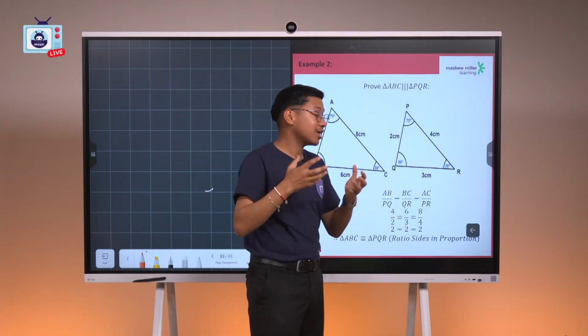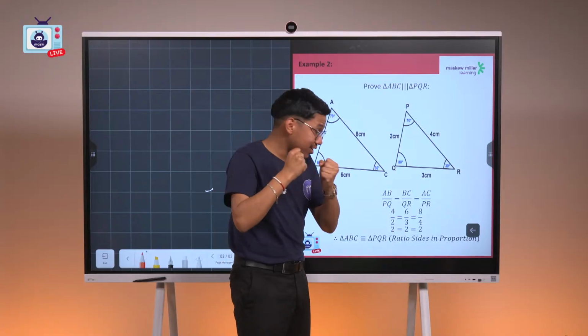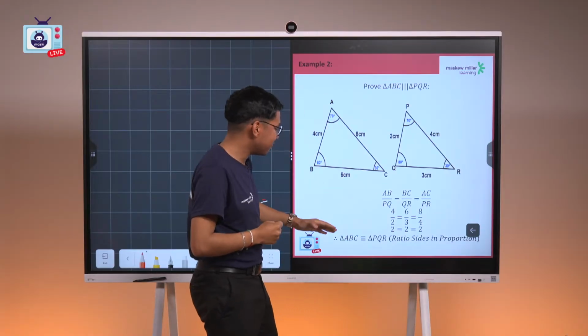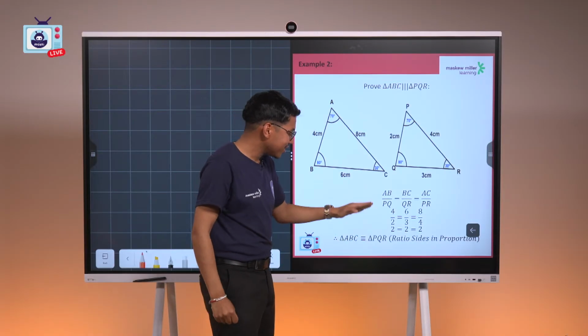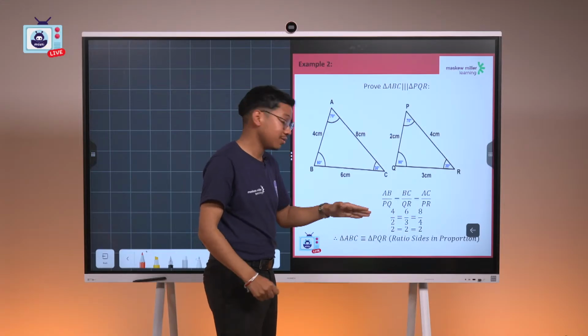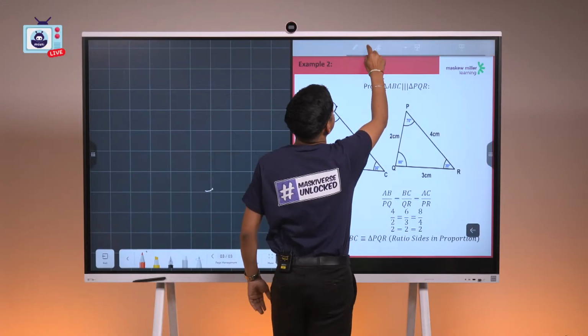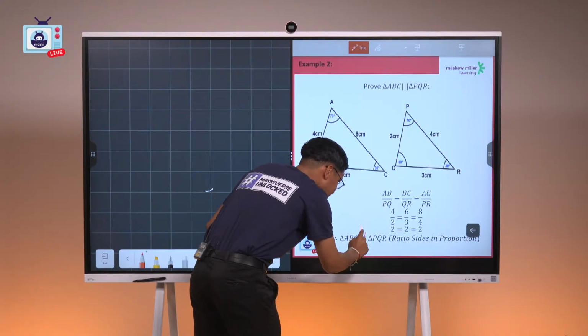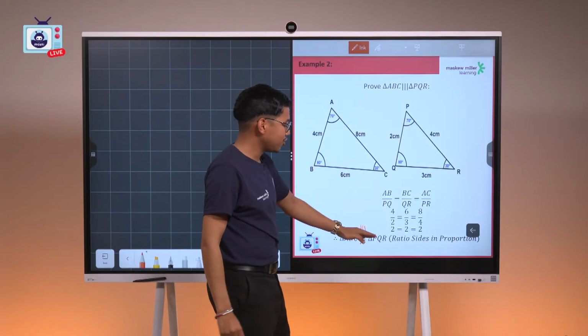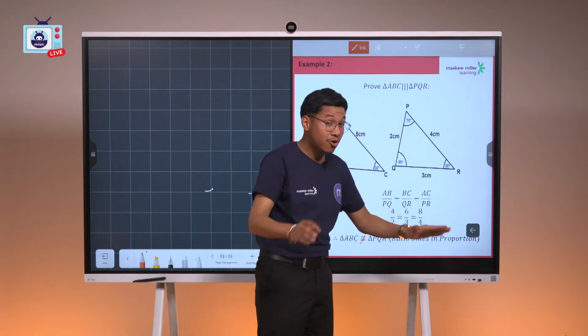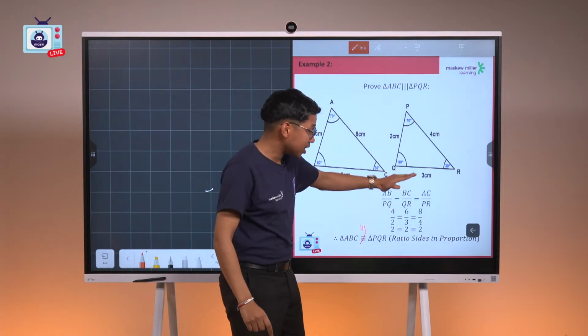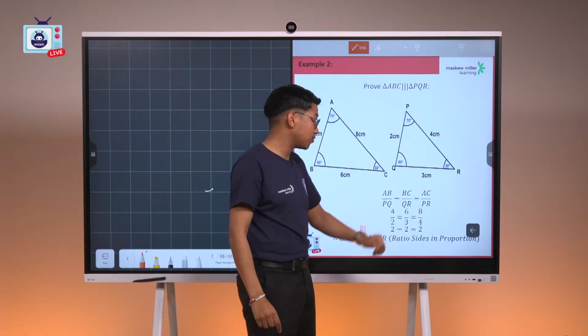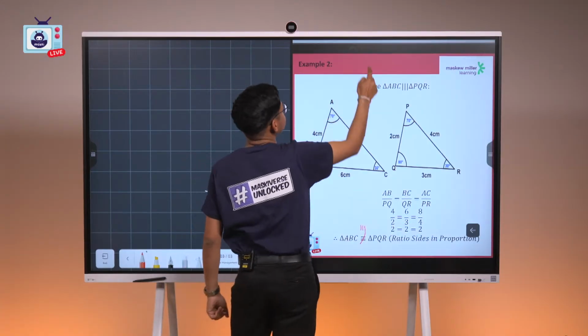The corresponding sides are in proportion. So I can make a conclusion by saying, therefore, triangle ABC is indeed similar to triangle PQR. And I stated my reason. I can't say angle, angle, angle here because I've used the sides to prove that it is similar.